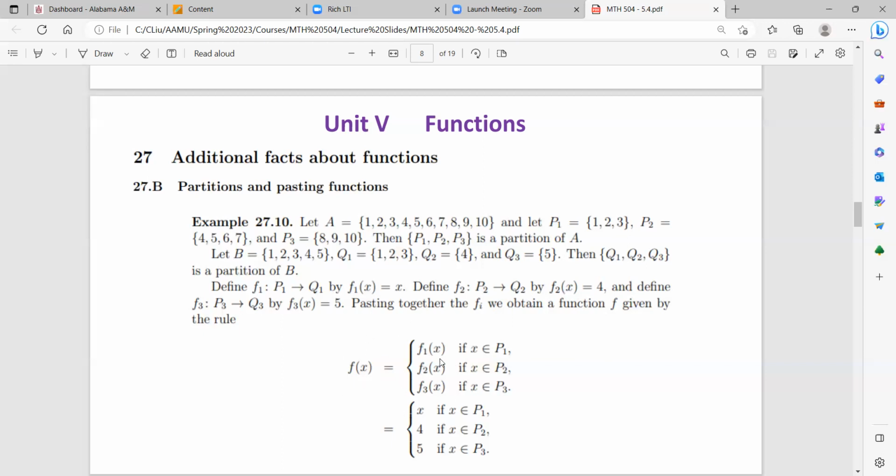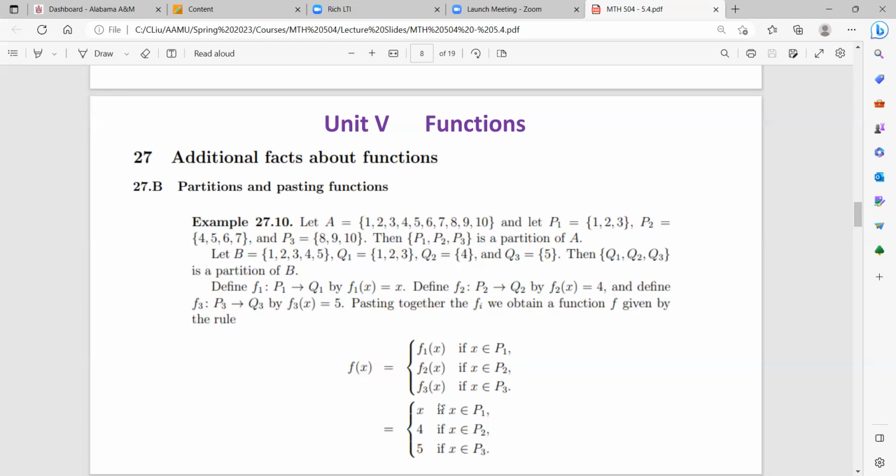If x is in P1, then we take the function value as f sub 1 of x. If x is in P2, then we take the function value as f sub 2 of x. And if x is in P3, then we take the function value as f sub 3 of x. And the whole thing makes sense.